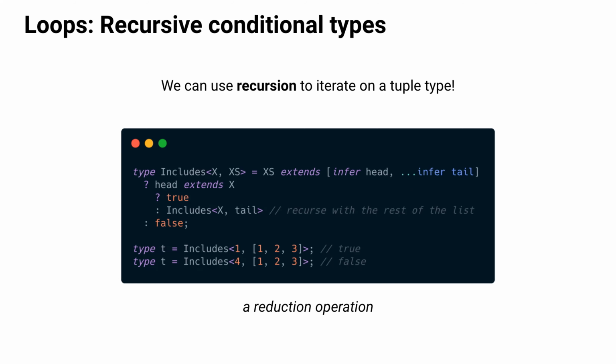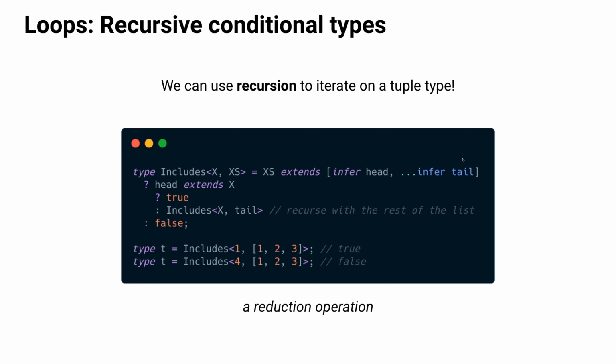So we can write this includes function that's similar to Array.includes. It takes an element and a list, and it outputs a Boolean saying whether or not the element is inside the list. And it looks like this. So you can use extends infer Head, infer Tail. And that essentially splits the list in 2 parts, the first element and the rest.